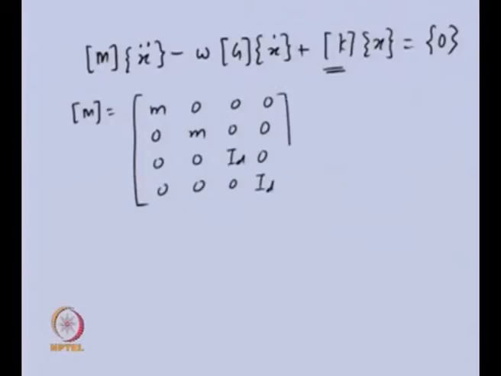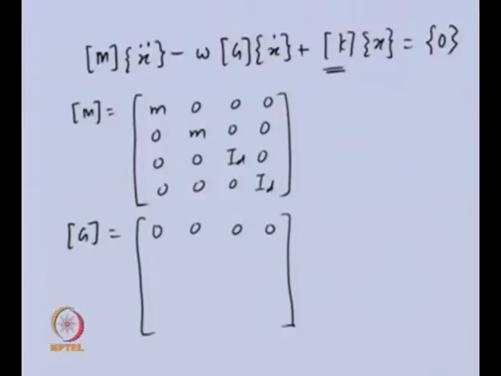This is the diametral mass moment of inertia, these 2 terms. This G is the gyroscopic matrix, which has most of the terms 0 except 2, which are non-zero. This is Ip 0 0 minus Ip 0.